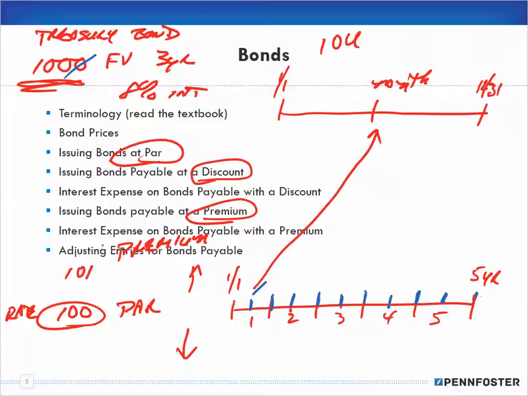The person who's selling it to you is actually getting 1,010. See how I added the zero back in? They're getting $1,010. So they're actually making $10 over what they paid for it at par, which is 1,000. That's called a premium.